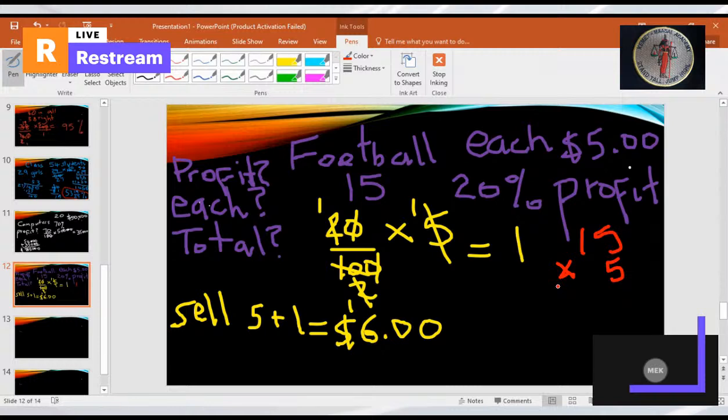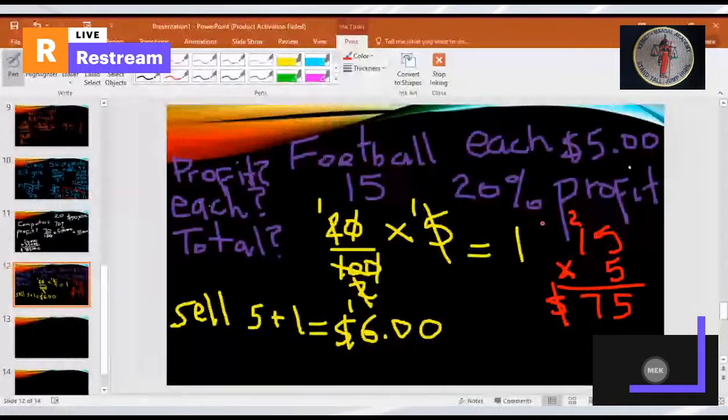So we paid $75. We're making $6 on each one. If we had started with the total, we could find the 20% of the $75 to get the total profit. Or we can just, since we already worked out the unit, $6 on each one, and it's 15 of them.